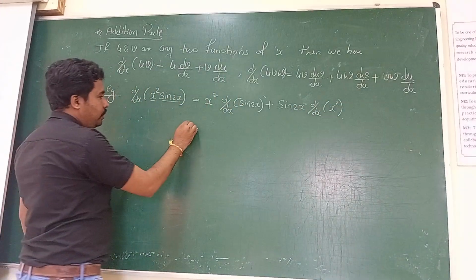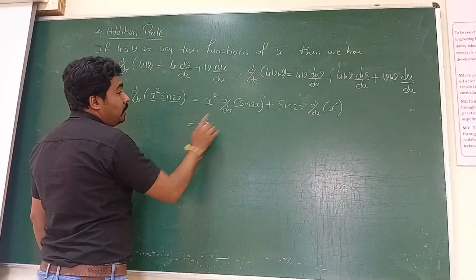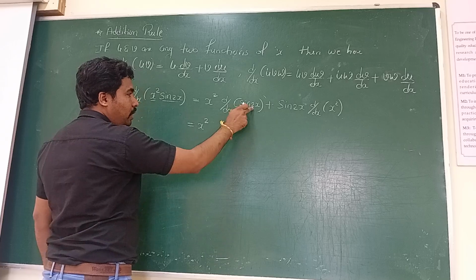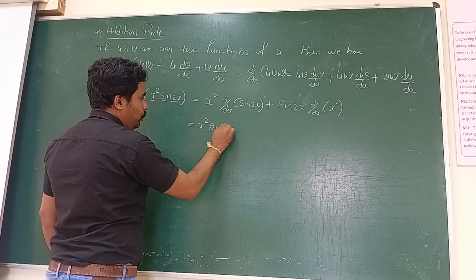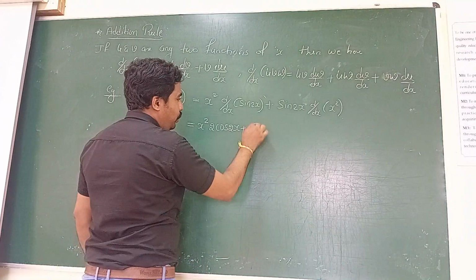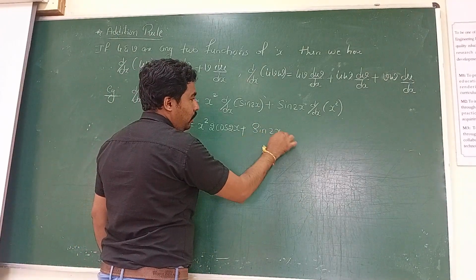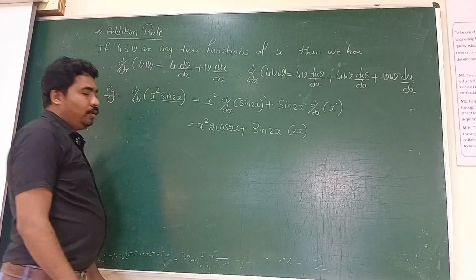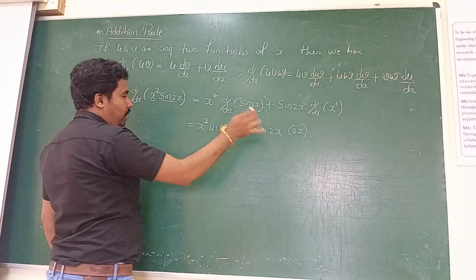So now what happens? X square as it is, sin 2x, we know sin ax gives a cos ax. A value is 2 here, so it is 2 cos 2x plus sin 2x as it is, then x square differentiation will be 2x. So if possible, we can simplify it further.